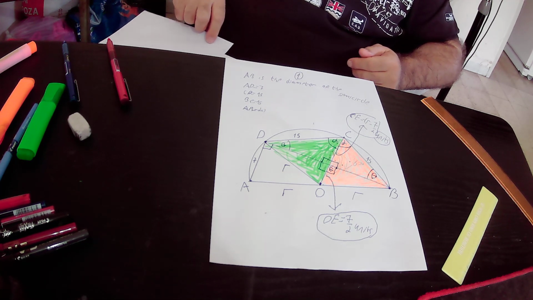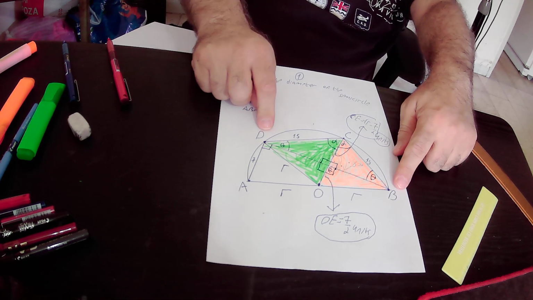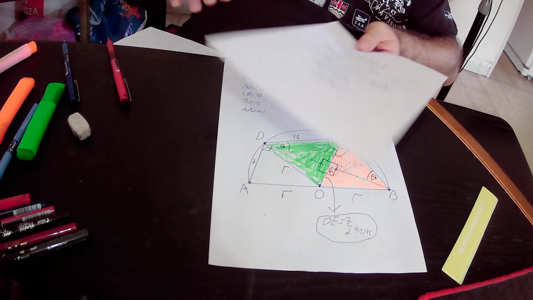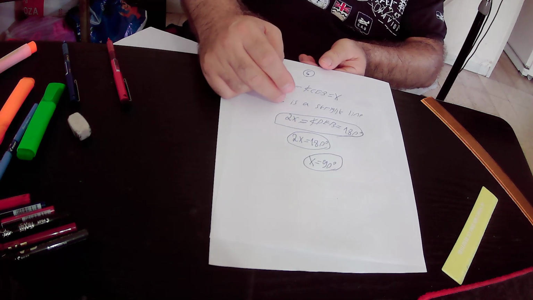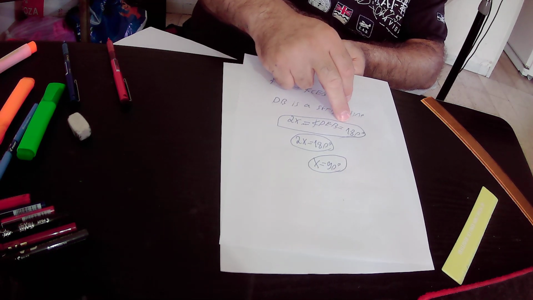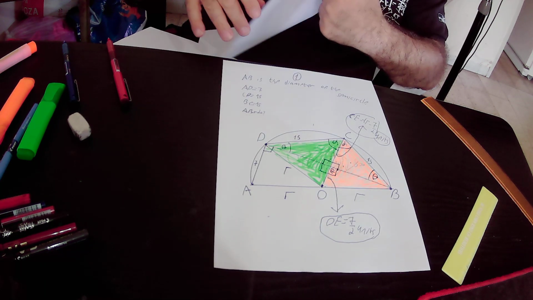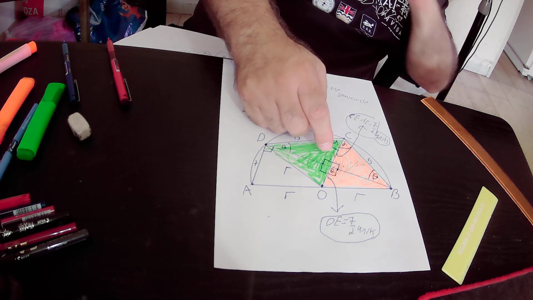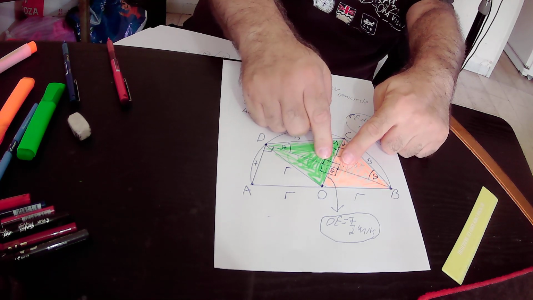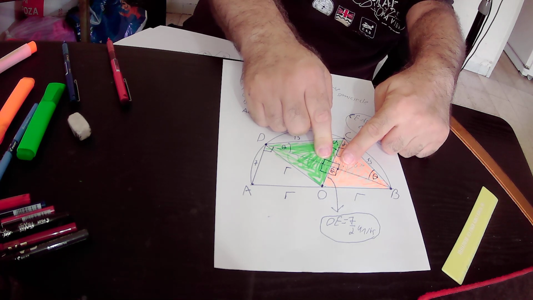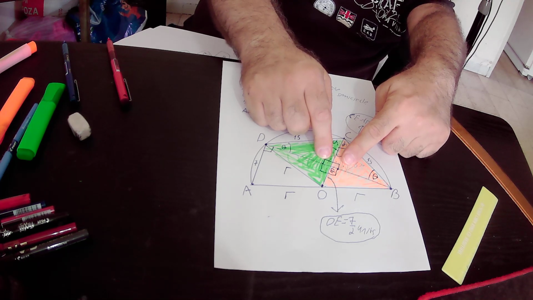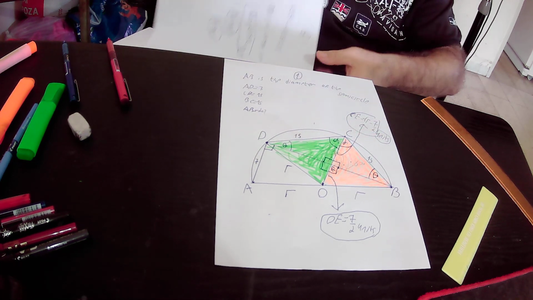So actually, angle DEB, according to the rule that I mentioned, equals 180 degrees from one side. But from the other side, we defined those two angles that are equal to each other as x. So they actually equal x plus x. It equals the angle DEB, so equals 2x from the other side.